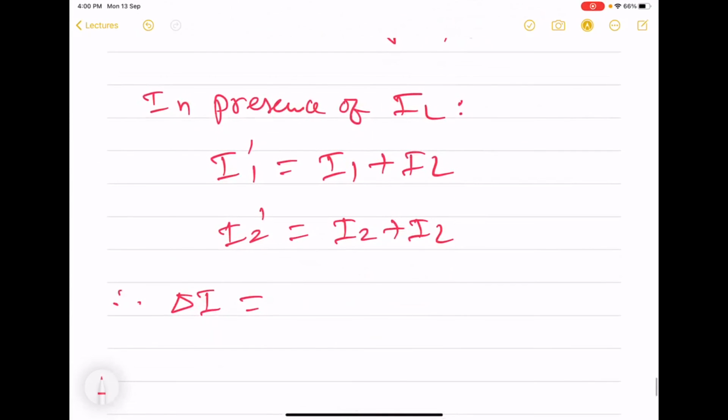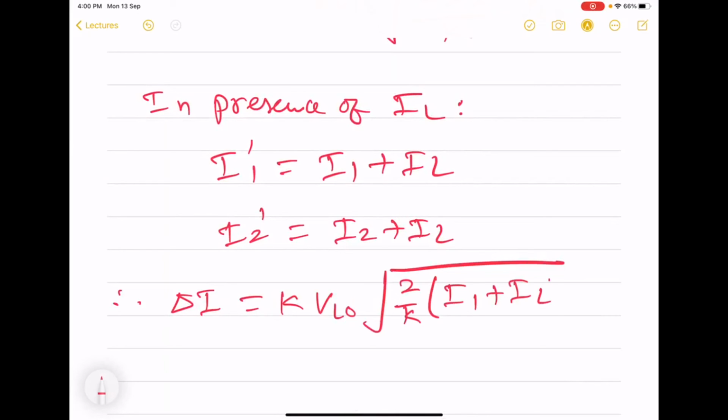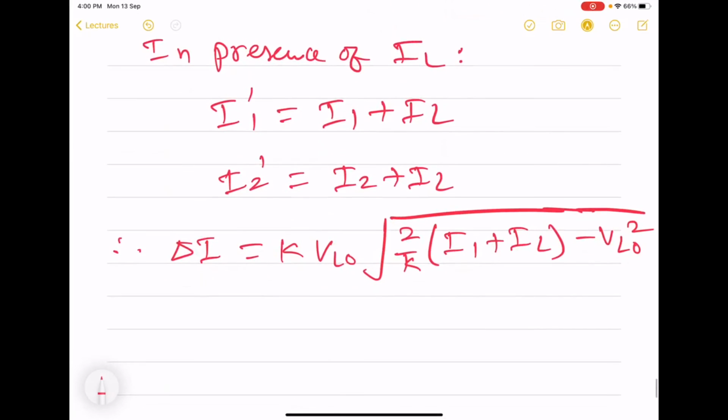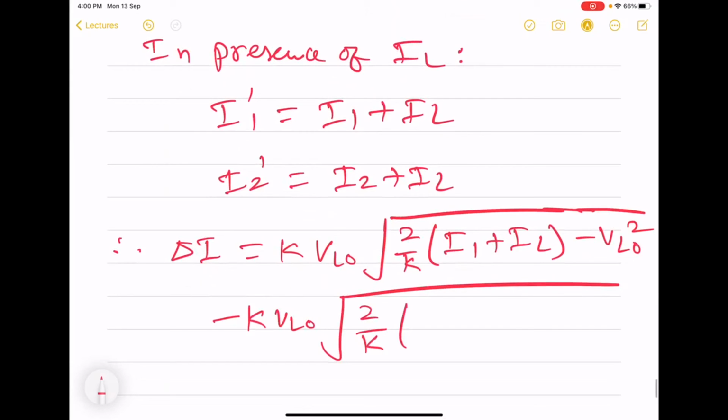So therefore, delta I becomes K VLO into square root of 2 by K times I1 dash, which can be substituted by I1 plus IL, minus VLO square, minus K VLO into square root of 2 by K times I2 plus IL minus VLO whole square.